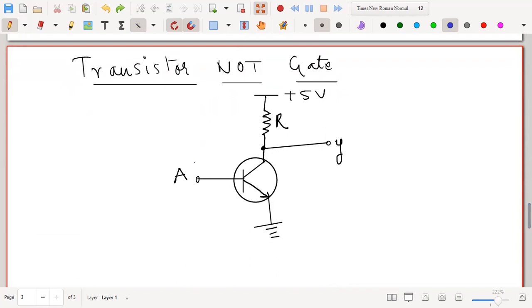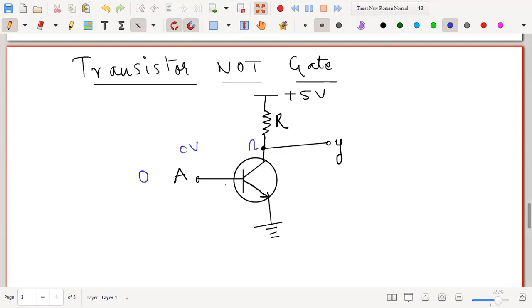Let us say the point A is at logic 0. Now, when you give logic 0, that means 0 volt. When you give 0 volt to the point A, the transistor will not conduct, because this is an NPN transistor.